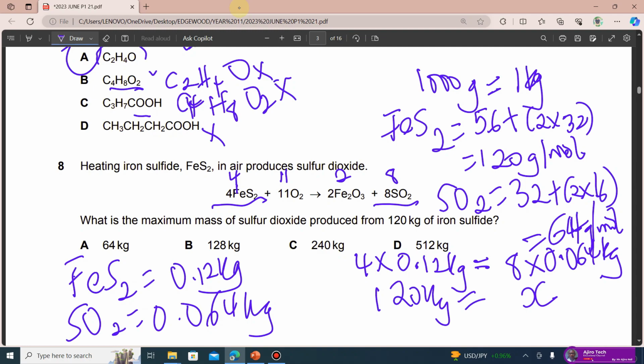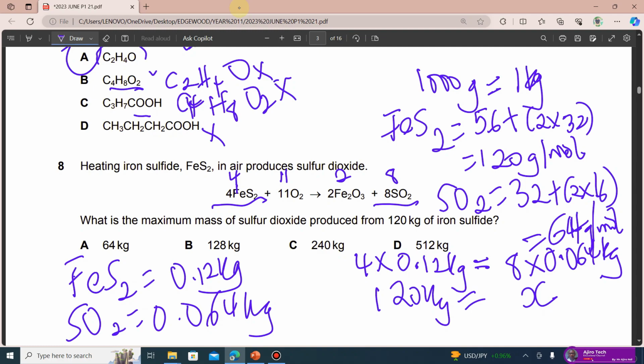From your knowledge of cross multiplication, we do 4 times 0.12, which is 0.48x. So 0.48 will be used to divide all through.